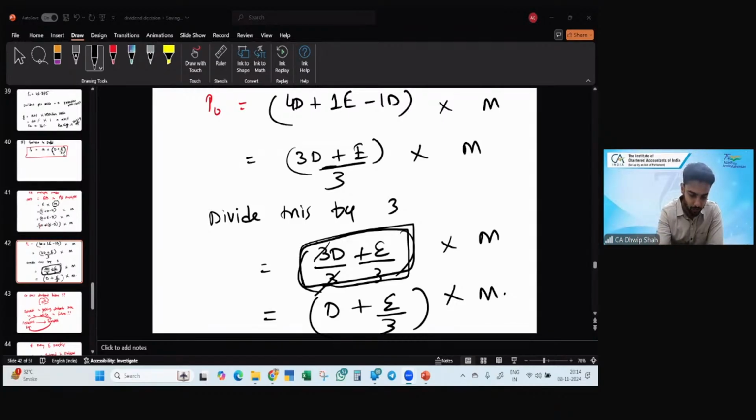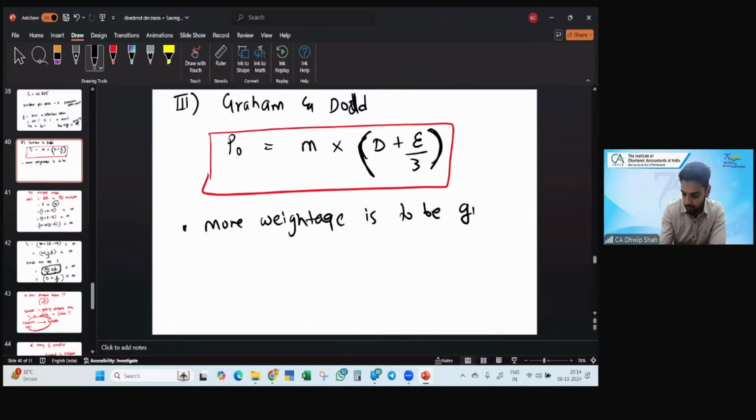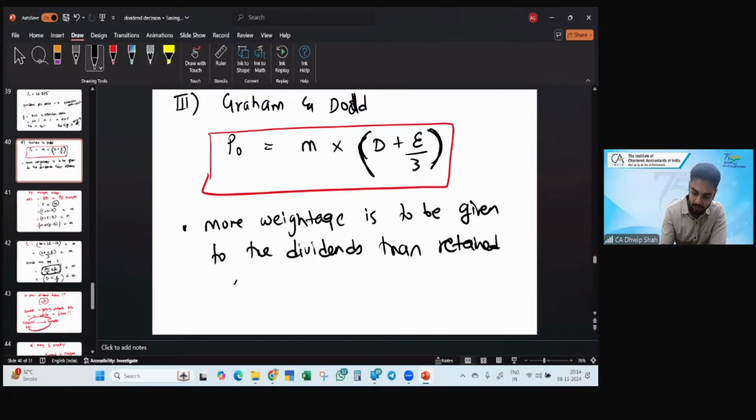Okay, understood the formula of Graham and Dodd. So the logic is that more weightage is to be given to the dividends than retained earnings.